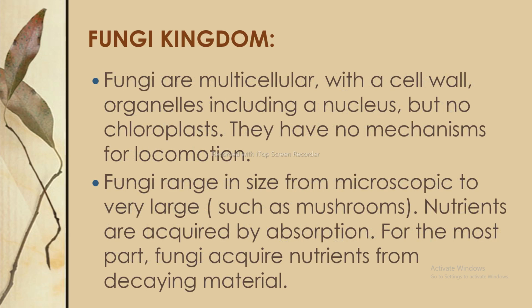Fungi are multicellular with a cell wall, organelles including a nucleus but no chloroplasts. They have no mechanisms for locomotion. Fungi range in size from microscopic to very large, such as mushrooms. Nutrients are acquired by absorption. For the most part, fungi acquire nutrients from decaying material.